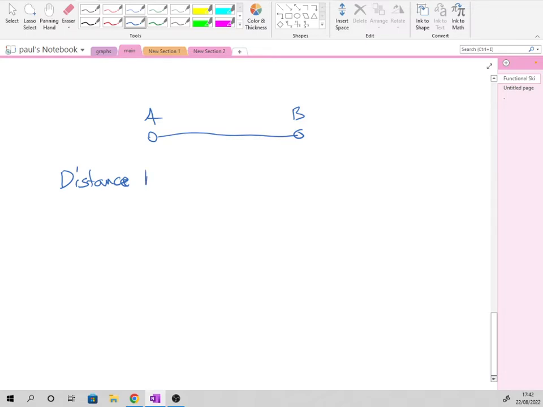We'll say the distance between A and B is, this time, 10 kilometers. So the distance between those is 10 kilometers, and you're going to need to work out the scale.